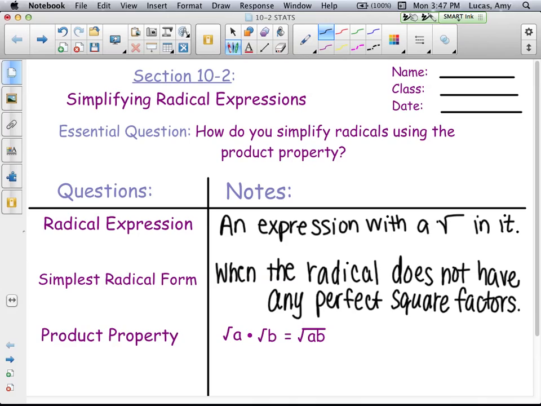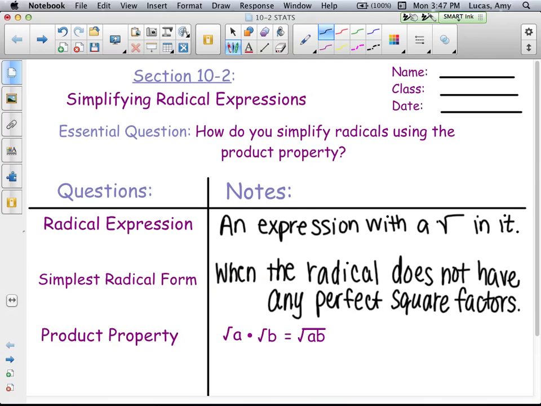So in the radical, the number under the square root does not have any perfect square factors in it, then that means it's in simplest radical form. That probably doesn't make a whole lot of sense to you right now, but hopefully as we work with it, it will.